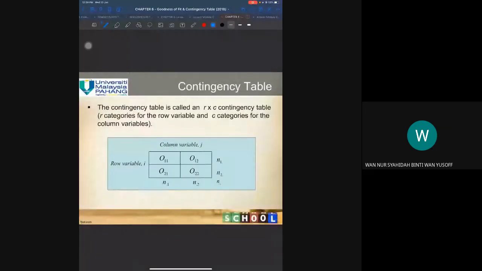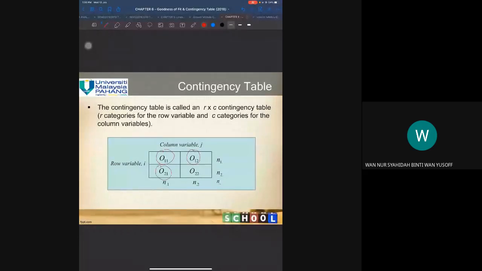If you still remember, when we discussed the two-way ANOVA, I said that two-way ANOVA is quite similar to the contingency table. But the difference is the number of data between row and column variable in your cell here.